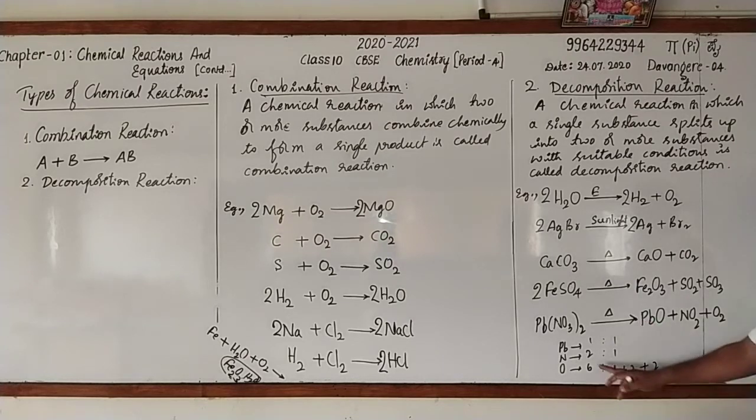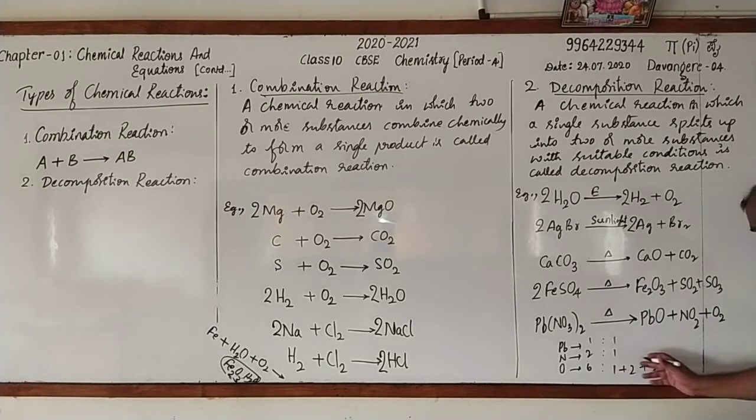Pb cannot be taken. If you go for nitrogen, we have come to know it's not possible. Hence, let us try to balance this one. See, it's not coming. It's already balanced, no problem at all, but this has not come, right? And here oxygen gets split up.